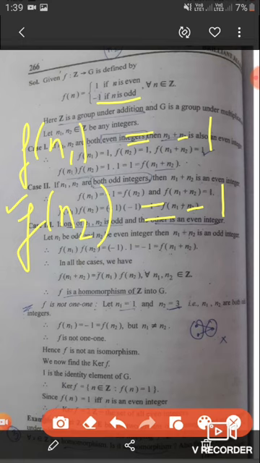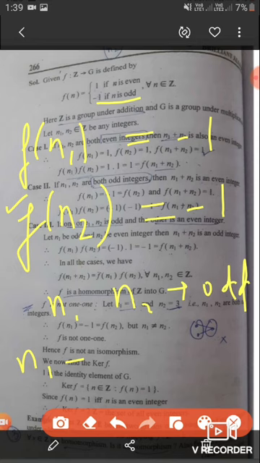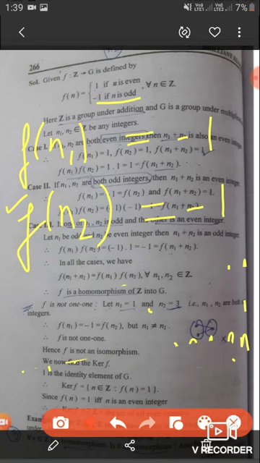Now if we take n1 and n2 both odd integers, their sum will be an even integer, right? If we take n1 as 1, an odd integer, and n2 as 3, also an odd integer, their sum will be 4, and you can check that it always happens that when you add two odd integers you get an even integer. So what you found is that when n1 and n2 are both odd, the sum is an even integer.